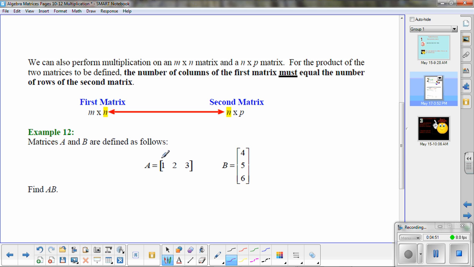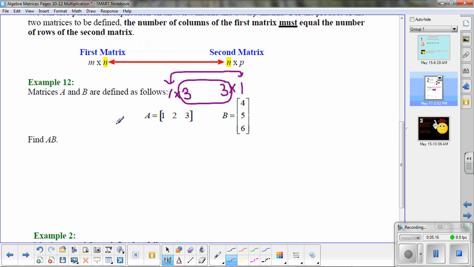So like this right here is a 1 by 3. And this one is a 3 by 1. Since these two numbers right here are the same, we can multiply them, and then our result is going to be a 1 by 1 matrix.